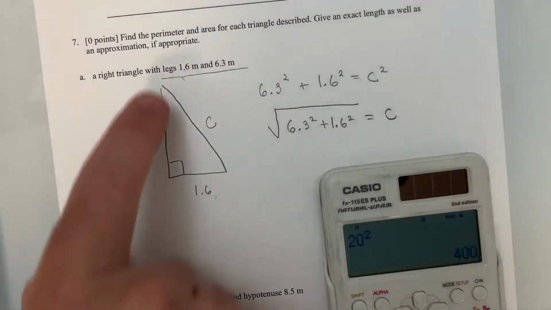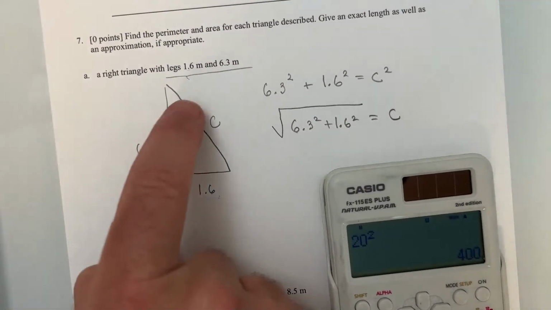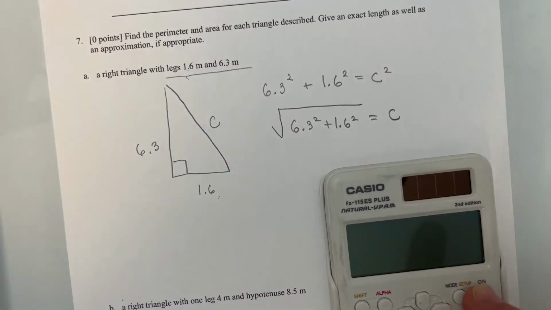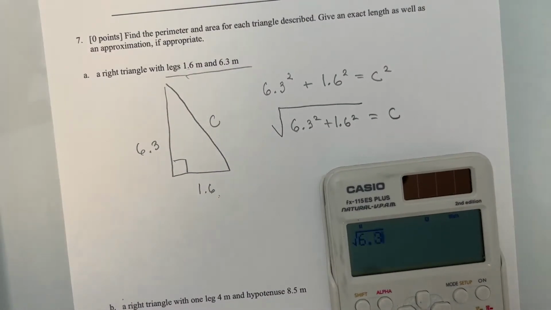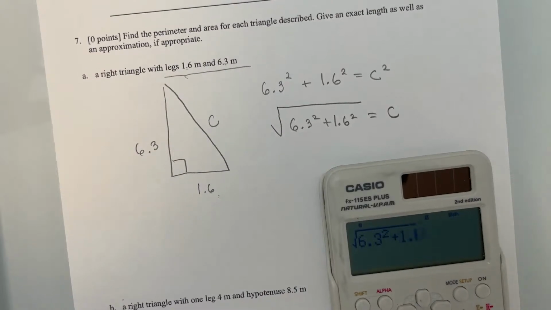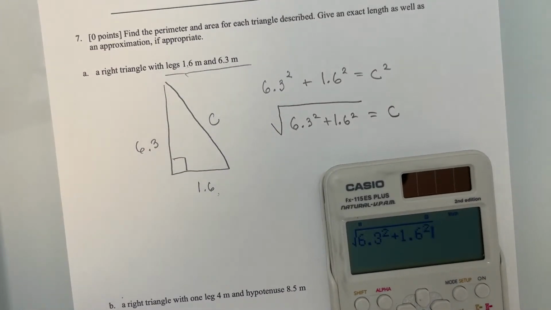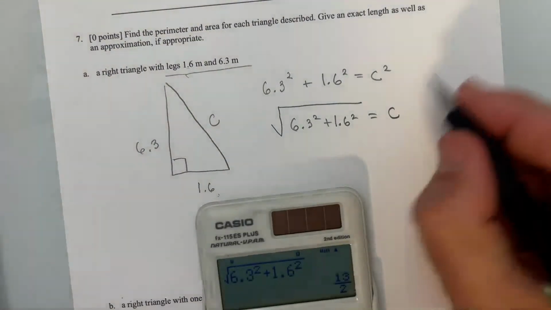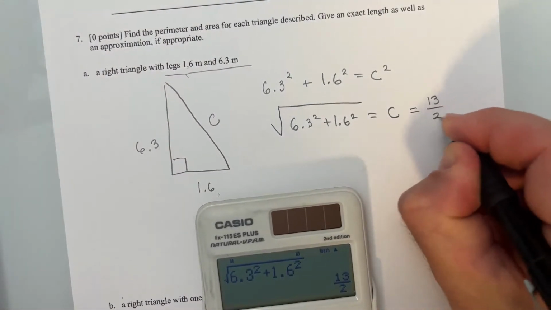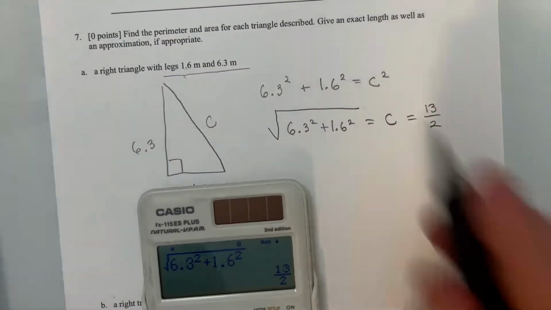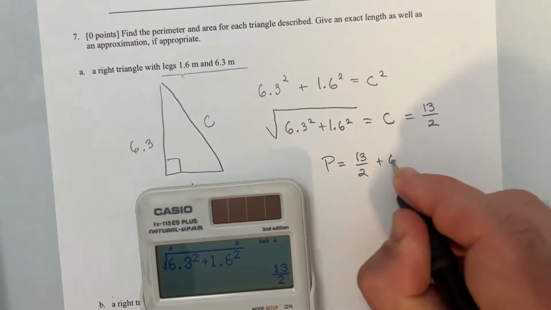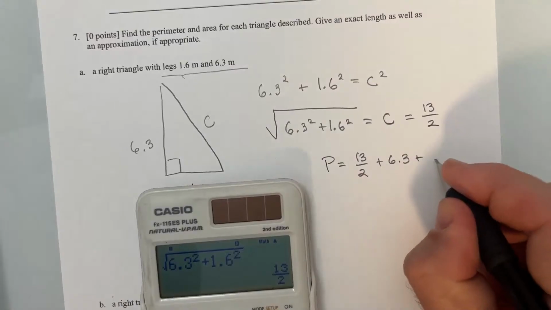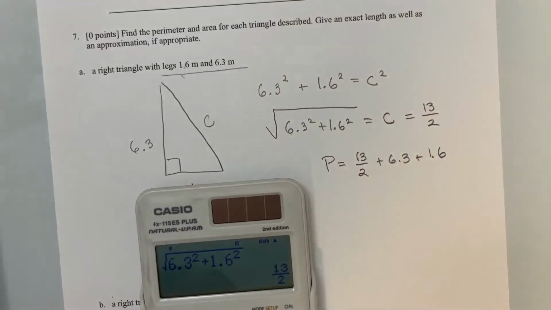Perimeter means the distance all the way around. So 13 halves for C. So for perimeter, it'll be 13 halves plus 6.3 plus 1.6.